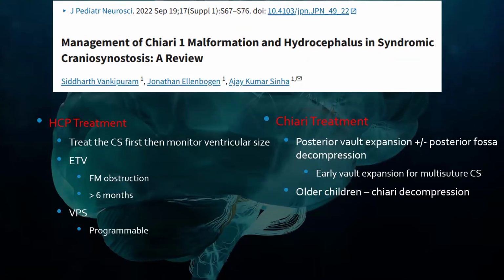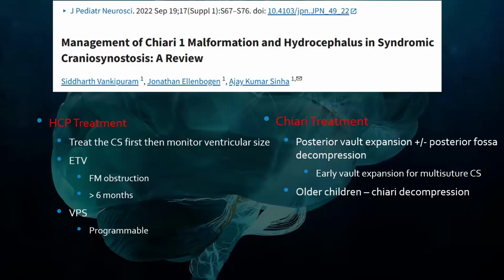And if there's evidence of foramen magnum obstruction on MRI, then those patients have a better response rate to ETV, but again, very small numbers. And then in shunts, the recommendation is to use programmable shunts because their hydrocephalic needs do change, and especially in terms of developing syrinxes and syringomyelia, there's been some preference for use of programmable shunts, but again, very small amount of data.